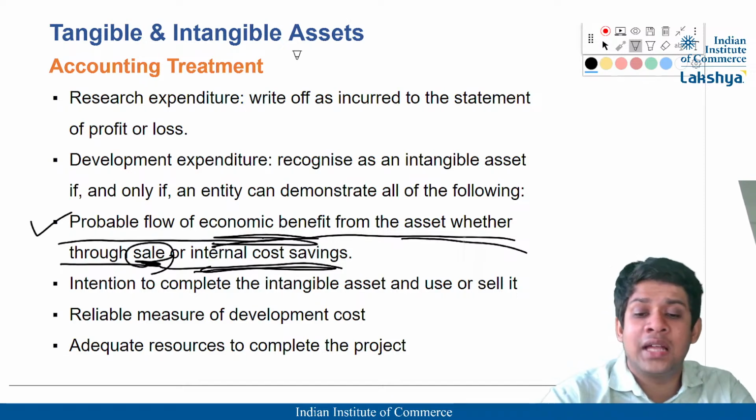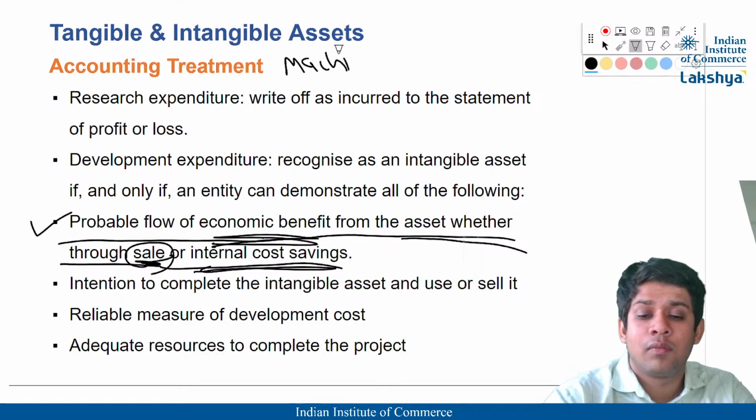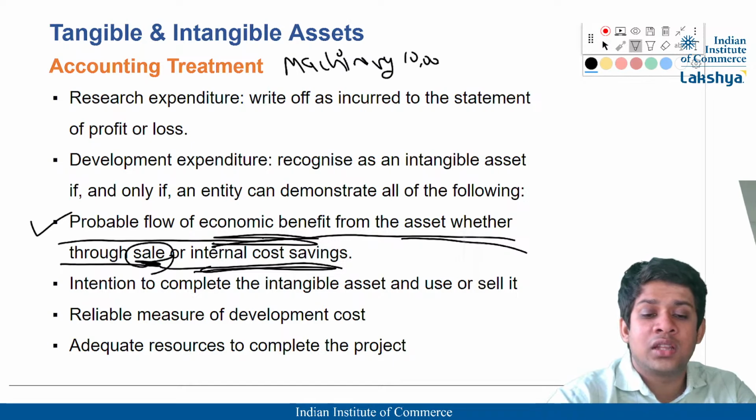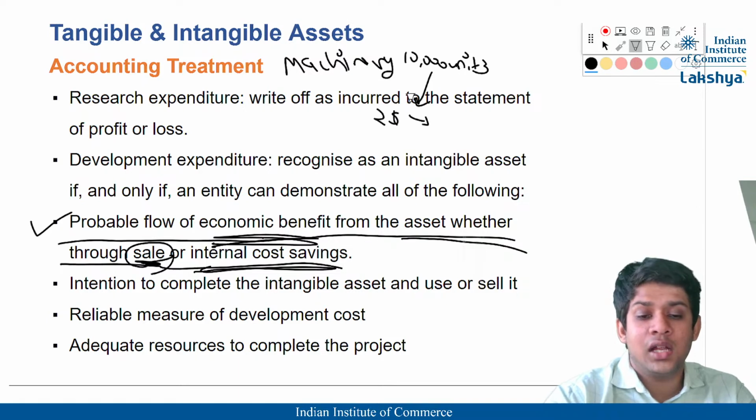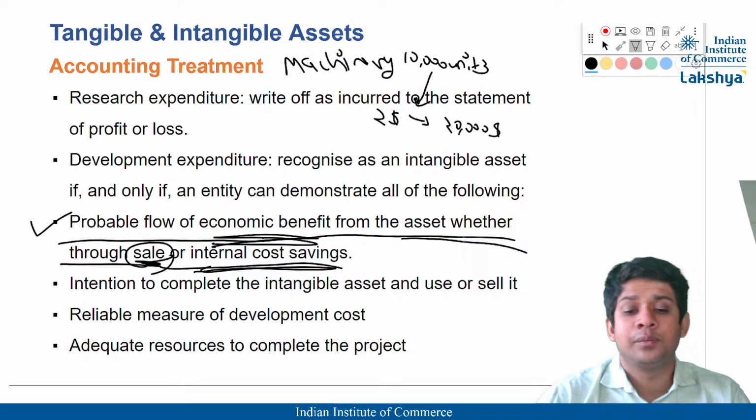How? Maybe say that I had an old machinery that was able to produce 10,000 units of products, and it was able to produce each product at $2. That means the total cost of producing 10,000 units of product was $20,000, right?